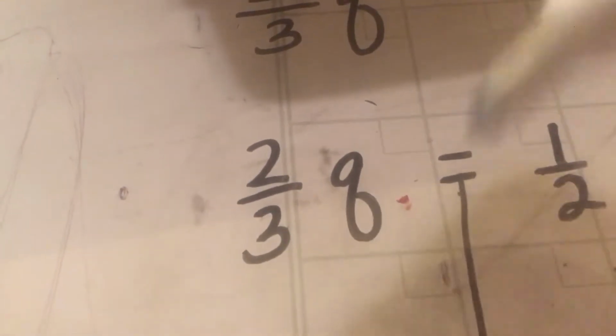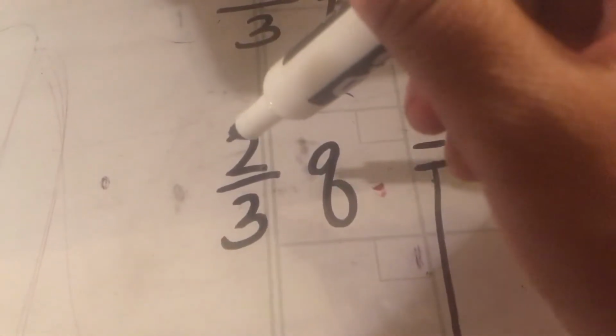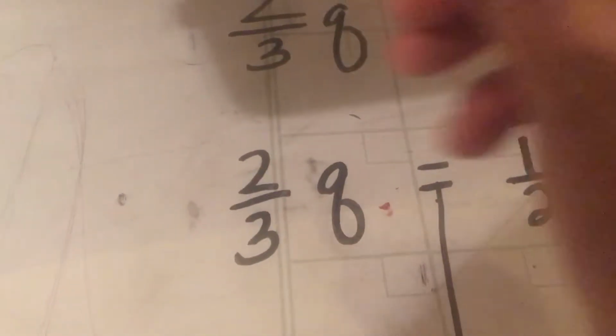So in other words, we're going to flip it. So instead of multiplying by 2/3, we're going to take the reciprocal, which will be 3/2. So I'm going to put 2/3 in parentheses, and the reciprocal would be 3/2.